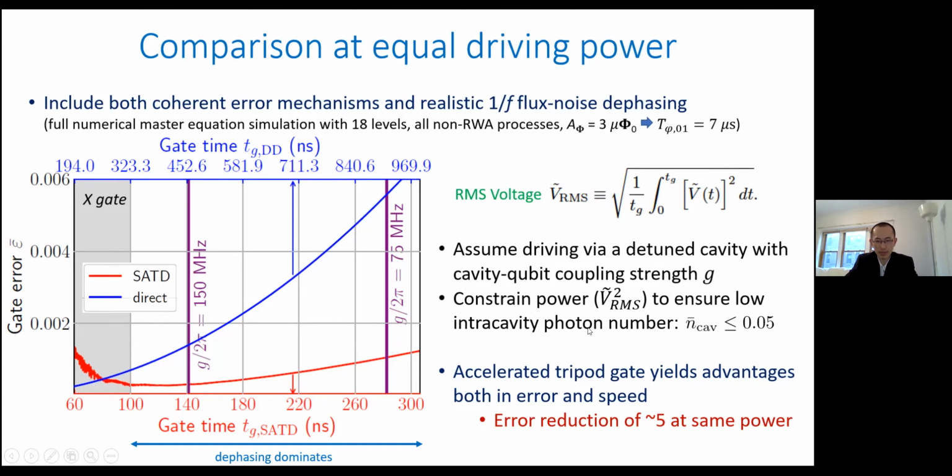This limit on the photon number will then impose a limitation on the drive power for a given cavity-qubit coupling, which means it will restrict how far you can go to the left. So in this power-limited comparison, our SATD gate actually performs 5 times better than the direct driving gate.